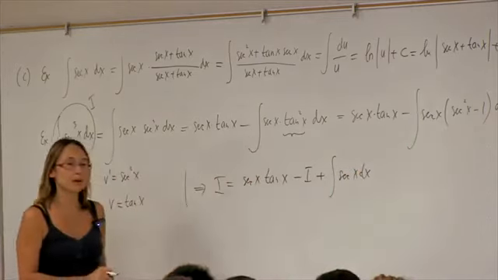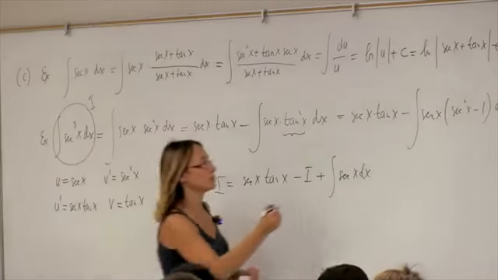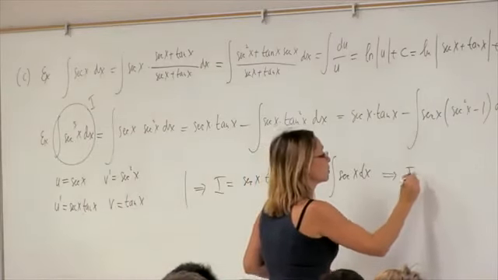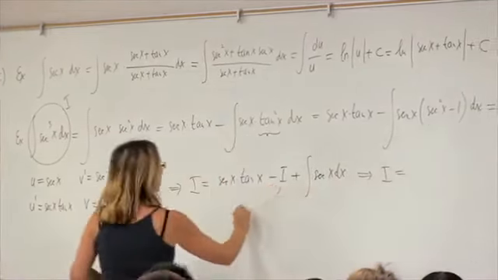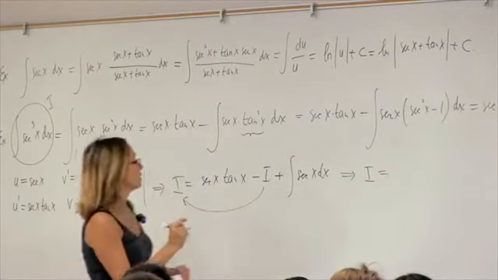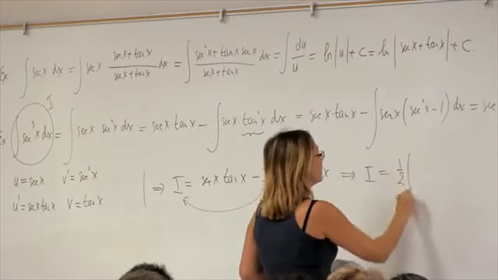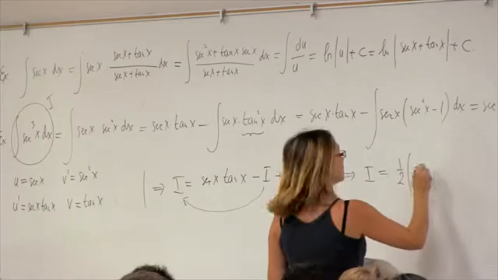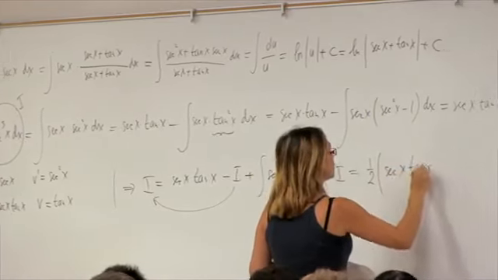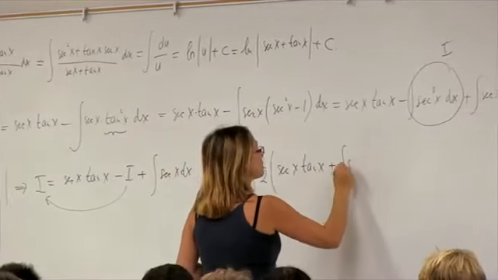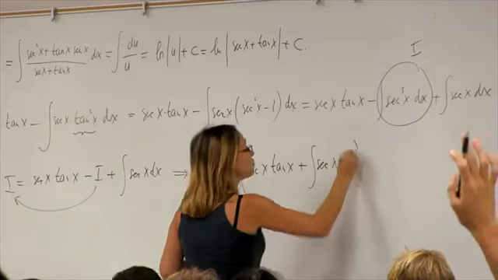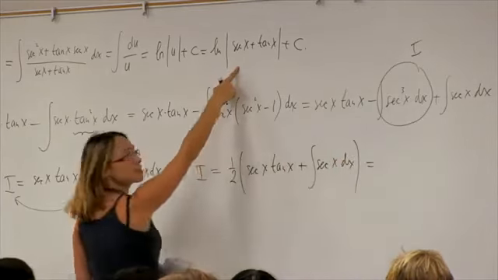And this is not a bad equation. You can solve it, definitely. It's an easy equation. I bring it over to this side, so I is equal to 1/2 of secant x tangent x plus the integral of secant x dx. Finally, I'm going to use my first example.